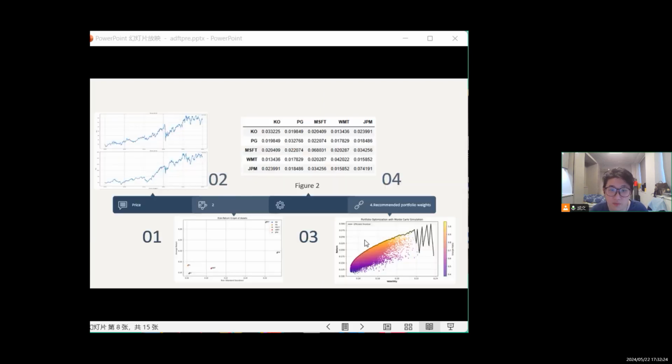And in task 2, I use the mean-variance model to optimize the portfolio. I chose the last 10 years of data in this part. Firstly, in the first picture, I graph the stock prices of the 5 companies over time. This step allows for an initial look at the volatility and the returns of each company's assets.